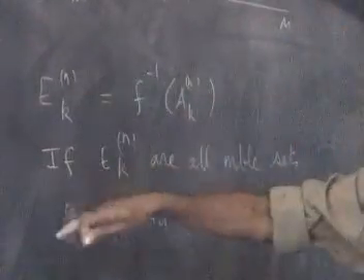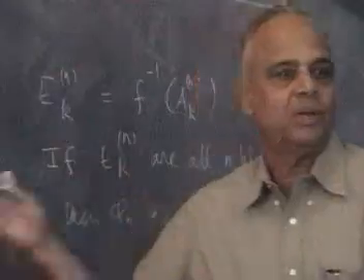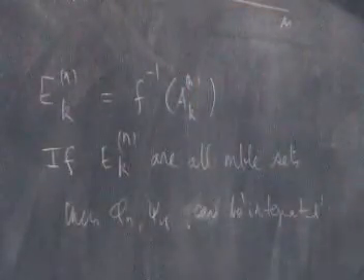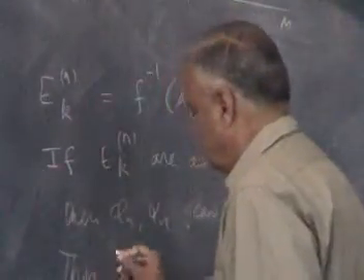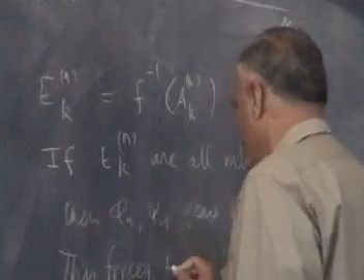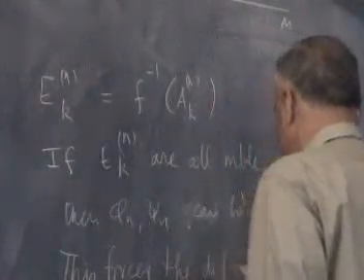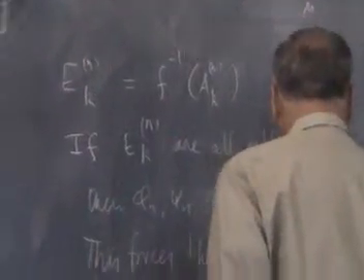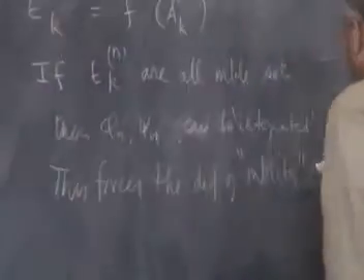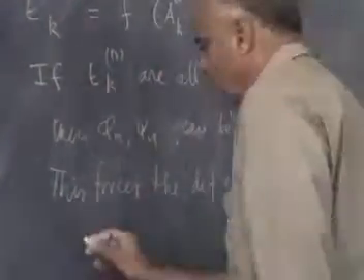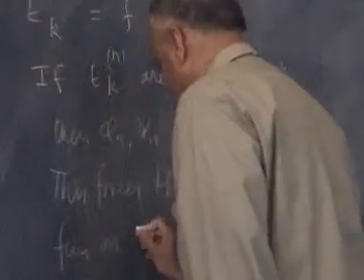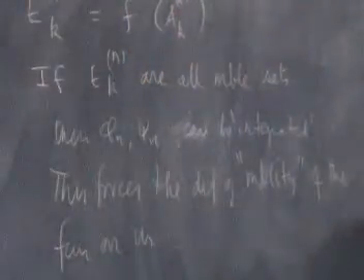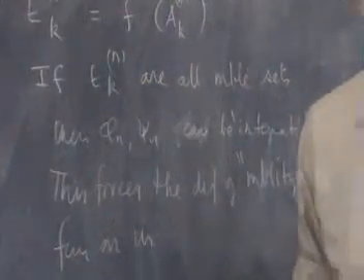Because whenever you have such a thing, you simply define it to be the value times the measure of that set E_kn. This forces the definition of measurability of the function: the inverse image of Borel sets is taken to be Lebesgue measurable.